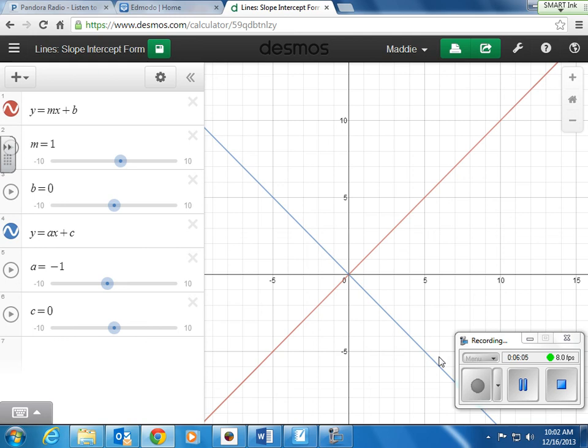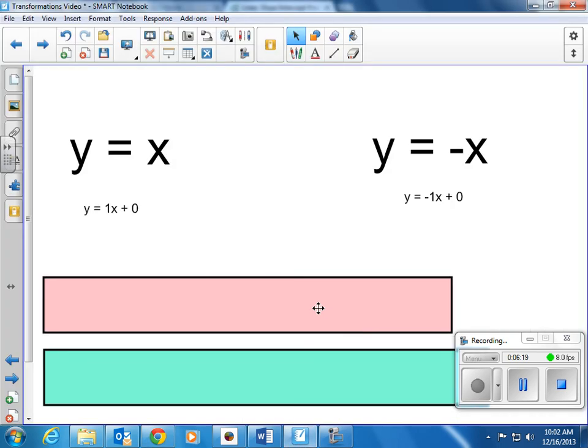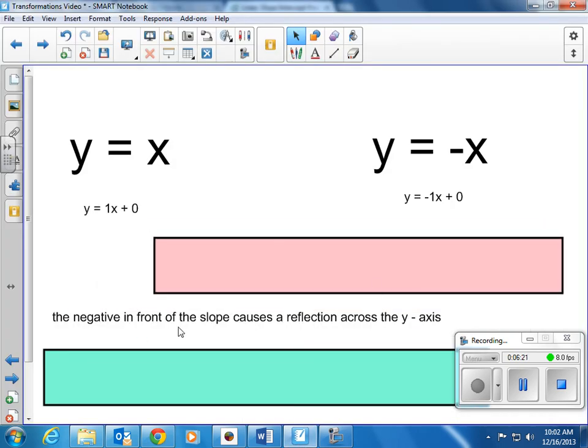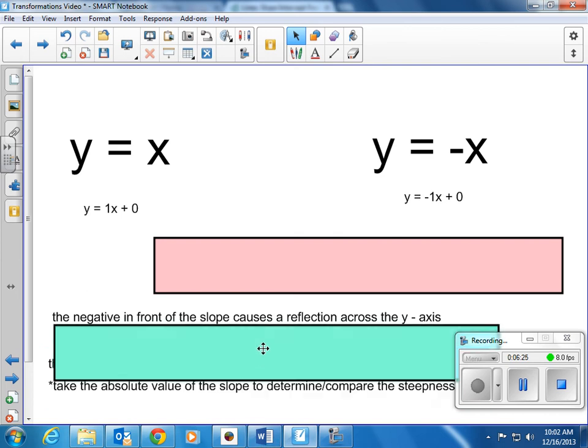Now my blue line is going downhill. It's a negative slope. What do we notice about the steepness? The steepness is exactly the same. Okay, so all the negative did was cause a reflection to occur. The negative in front of the slope causes a reflection across the y-axis. What else do we know?